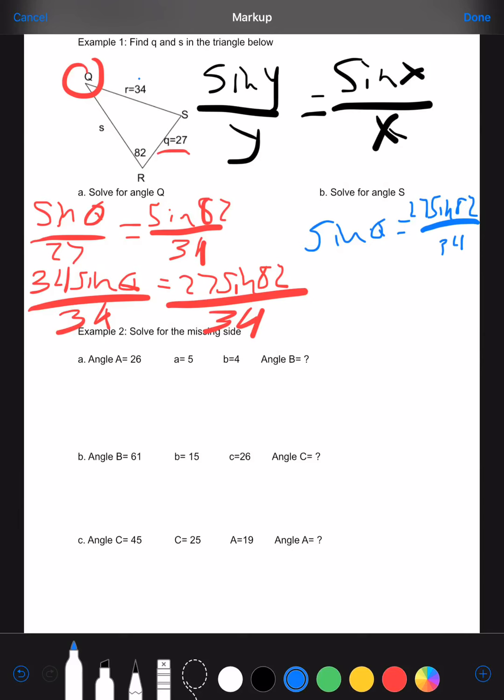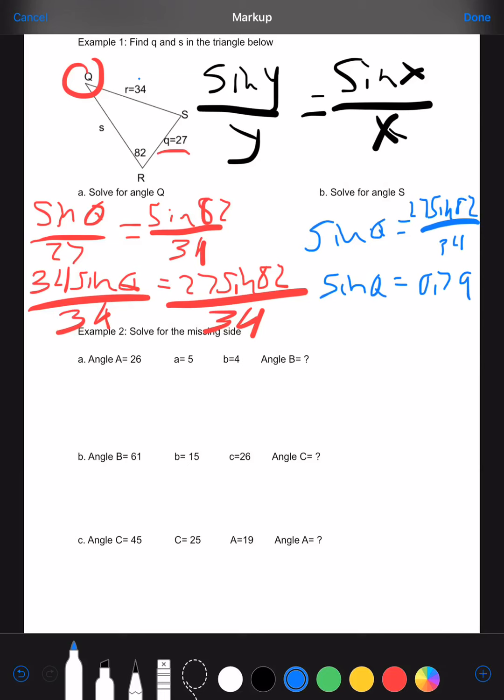So parentheses are our best friends. So parentheses 27 sine 82. Sine's automatically going to open a parentheses, so you're going to do parentheses divided by 34. So now we have sine Q is equal to 0.79.